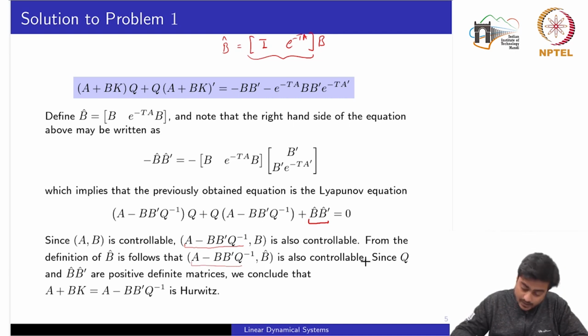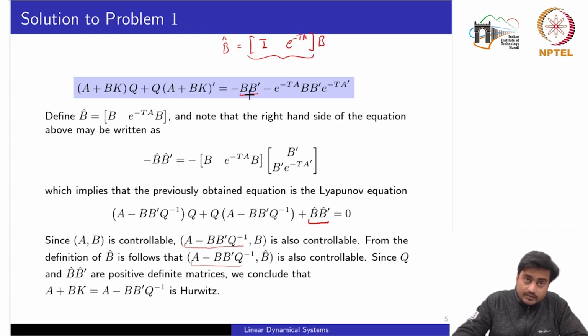be controllable. Now since Q and B hat transpose are positive definite matrices, we conclude that this pair would definitely be Hurwitz. Now this is easy to visualize, why this matrix would be positive definite. So see this one. B into B transpose would be, at least, positive semi definite.